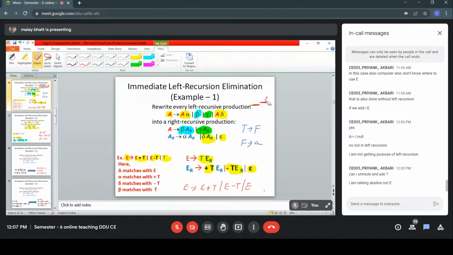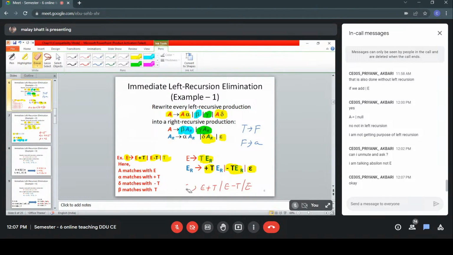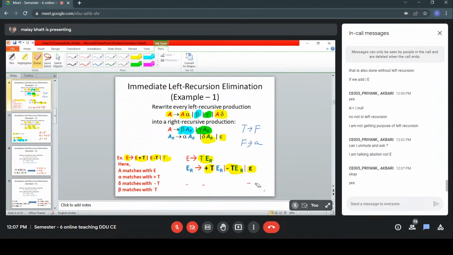Is it clear? Right, we'll try the null alternative only when we cannot generate the current input symbol of the derivation from the given non-terminal. I will replace ER with null only when I don't have plus and minus, because it will be clear that I don't require that ER now. Let us suppose we want to generate A only. We start with E, then we have TER as there is no alternative.